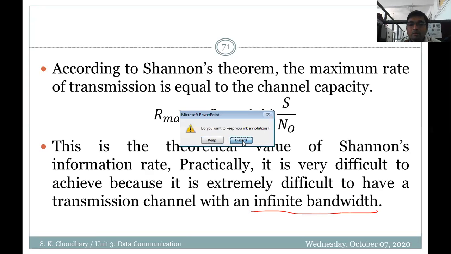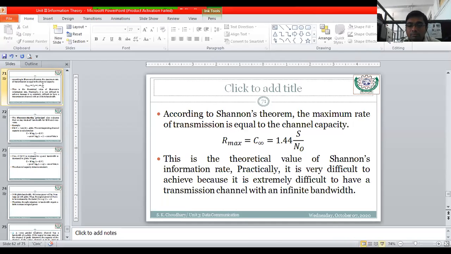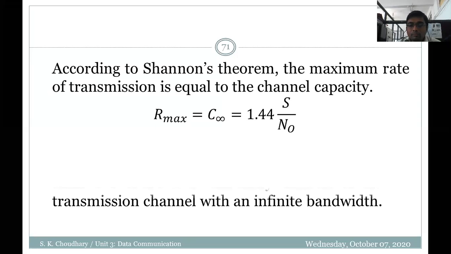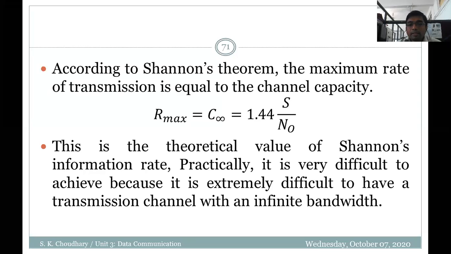That is what I want to convey to you. Now, what conclusion have we found here? If you increase the SNR to infinity, you would get infinite channel capacity.